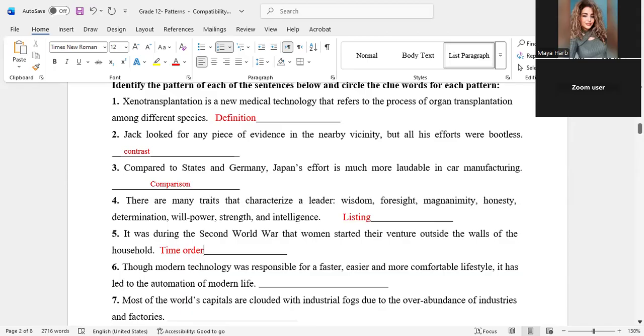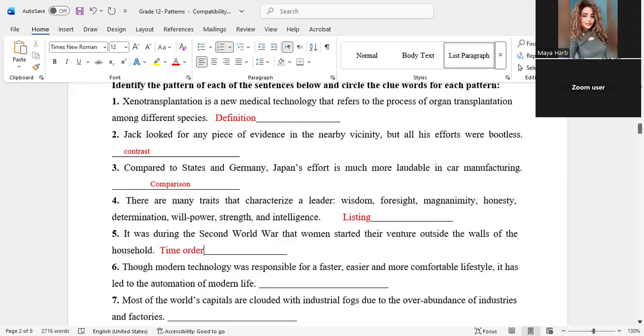Read me number 6, please. Though modern technology was responsible for a faster, easier, and more comfortable lifestyle, it has led to the automation of modern life. What could the pattern be?